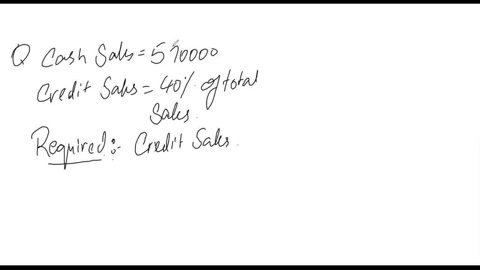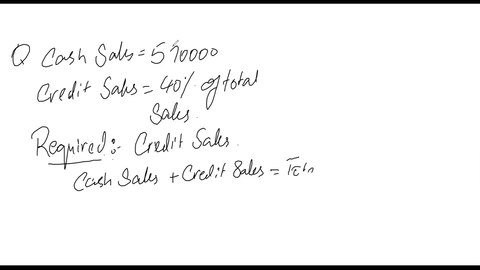I will be using the simplest form of formula for this particular question. What I can use is the formula of cash sales plus credit sales is equal to total sales. Let us assume that we aren't given the total sales.